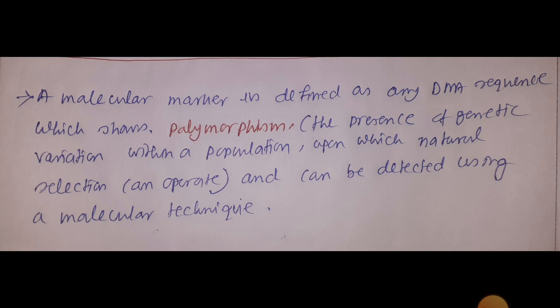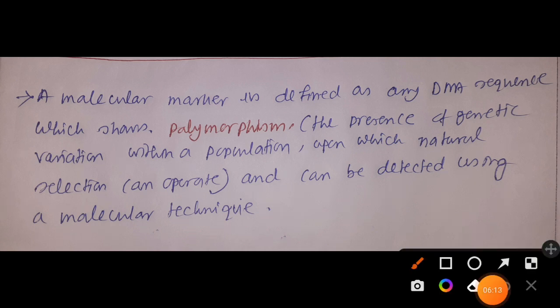For example, let's say from you I have isolated a DNA sequence, and also from your friend I have isolated a DNA sequence, and let's consider it a molecular marker. Now this molecular marker will help me distinguish between you and your friend. That is the idea of a molecular marker.